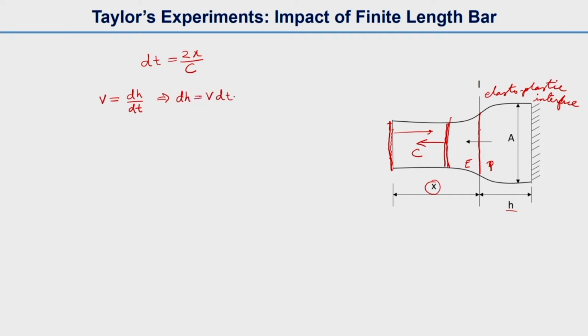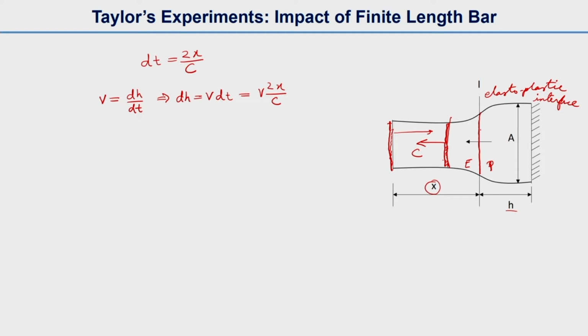We will see that dh is the plastically deformed region thickness at time dt, which from the above relation we can write as v twice x divided by c.